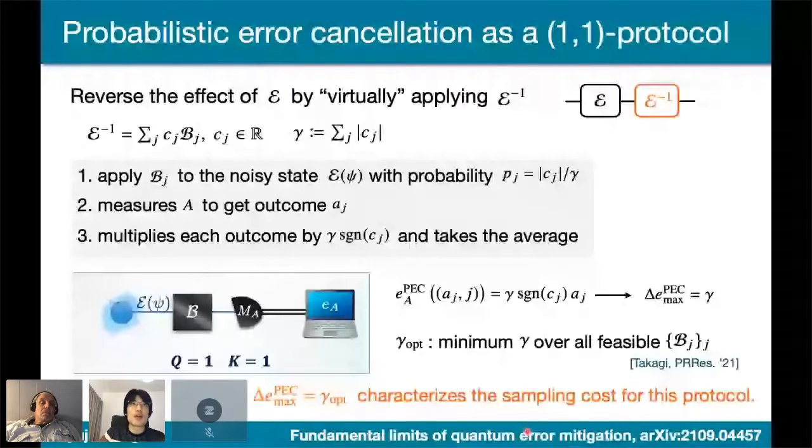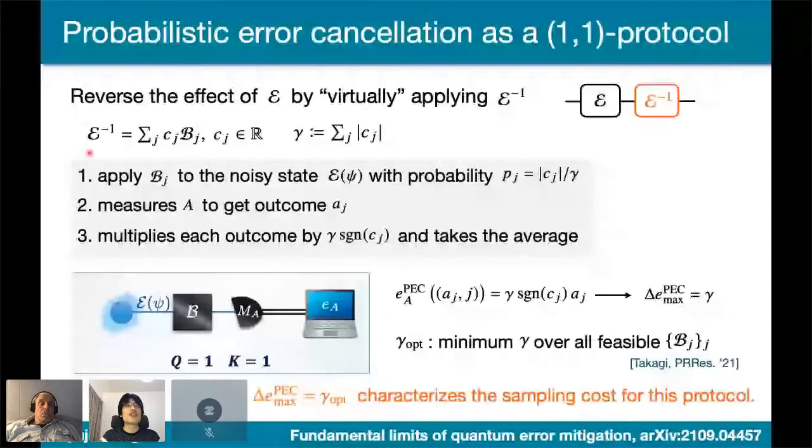Probabilistic error cancellation works as follows. You experience some error channel E, and you're trying to apply some inverse channel, E inverse. But this E inverse might not be a valid quantum channel, a CPTP map, though it is still a linear map.